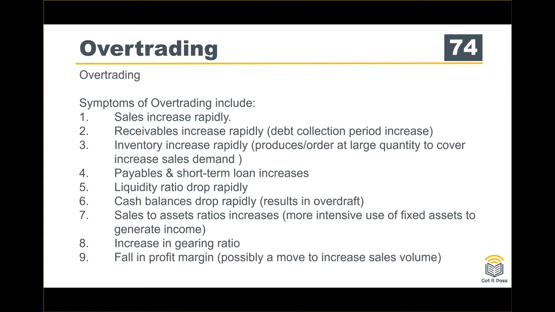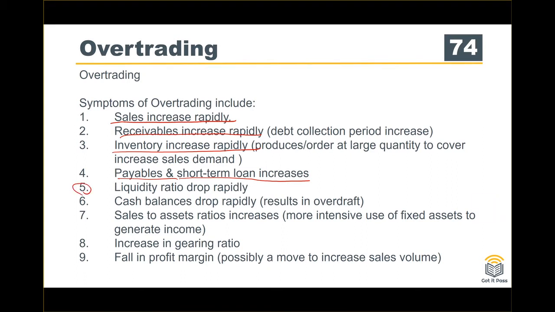Here are the symptoms of overtrading. As I shared with you, sales increase, receivables increase, inventory increases, and short-term loans and OD increase as well. Next, important is the liquidity ratio.